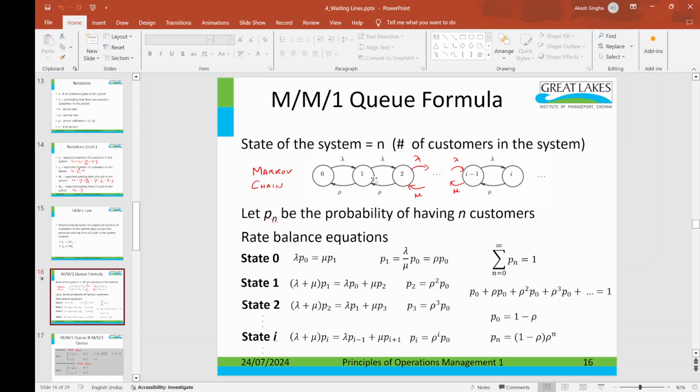And from state 1, we can go to state 2 with lambda, and again with mu go back to 0, and also from P2 you can go back to 1. From that explanation this equation came: (lambda plus mu) into P1 equals lambda P0 plus mu P2.